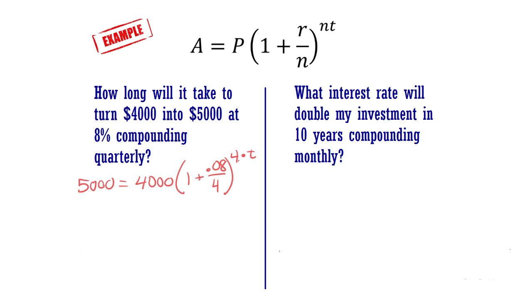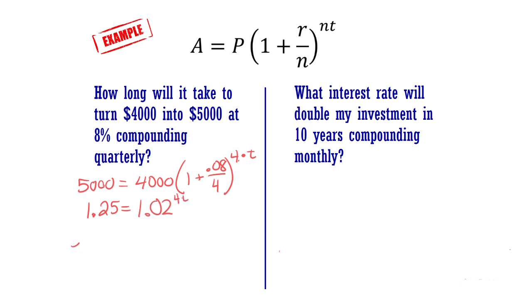I've already done all the math on my calculator to kind of hurry us along. For right now, you can just write my numbers with me. In a minute, I'm going to want you grabbing your calculator out and doing it on your own. But for now, I'm going to divide by 4,000. That's going to come out as a nice 1.25. I can actually calculate inside of here: 0.08 divided by 4 would be 0.02, plus the 1. So that's just 1.02 to the 4t power.